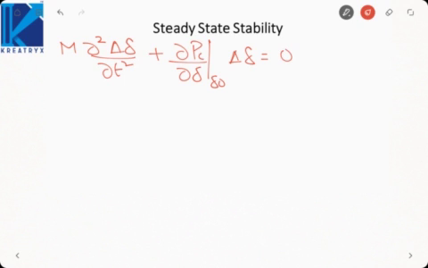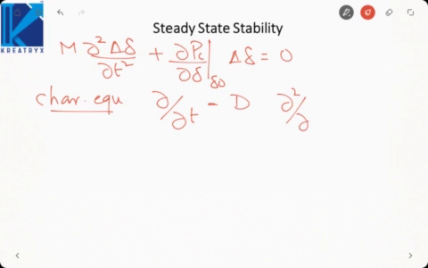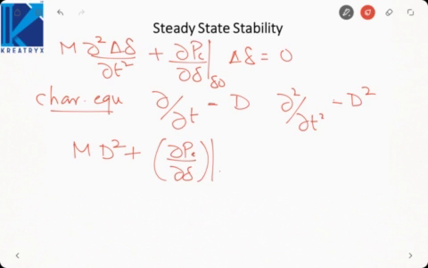To determine the characteristic roots, first we have to determine the characteristic equation. So what we will do is ∂/∂t will be taken as D, ∂²/∂t² will be taken as D². So it will be M D² plus ∂P/∂δ at δ0 into Δδ must be 0.